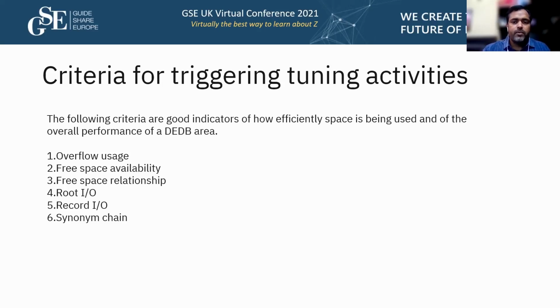You need to have proper free space in your RA and IOVF. Then how the root IO and the record IO happen; we need to reduce the root and the record IO of our DEDB. And then the last one is the synonym chain. If there are long synonym chains in your DEDB database, that will cause more IOs and thereby reduce the performance of your DEDB.